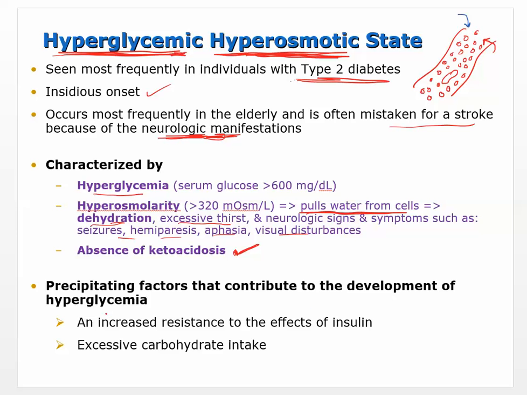Precipitating factors that contribute to the development of this are an increased resistance to the effects of insulin. So basically, type 2 diabetes progression. As it progresses, you've lost your locus of control, you've lost your ability to really control what's going on, and you don't realize it, you don't pick up on it right away, then this can develop, and you may not be aware of it until it really starts to cause some serious signs and symptoms, especially if you're not paying attention.